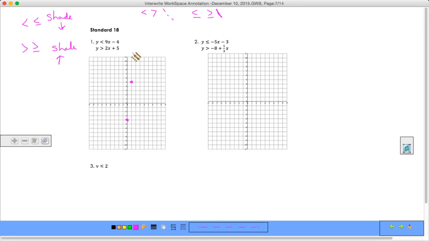Okay, so I'm going to draw a dotted line through those 2 points. And because it is less than, I'm going to shade below.